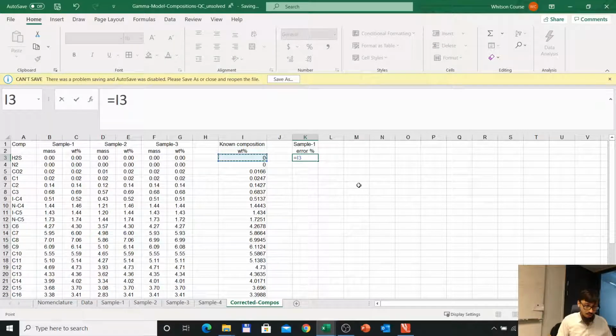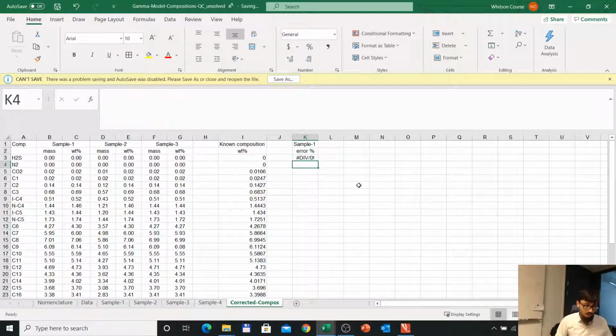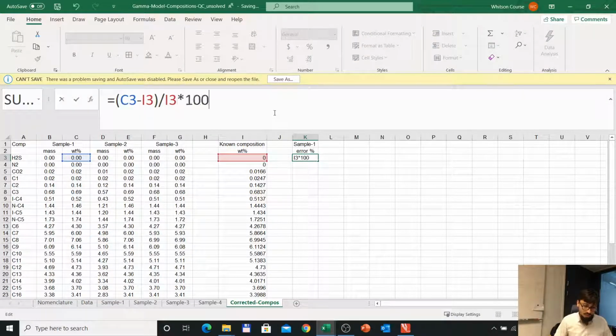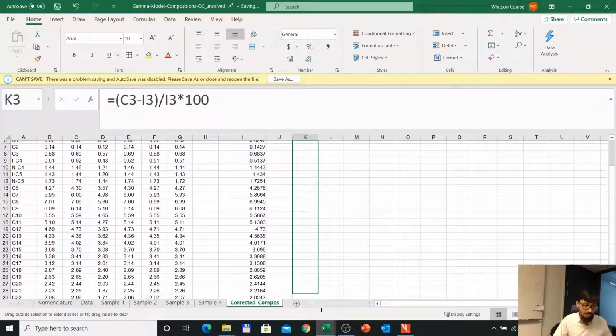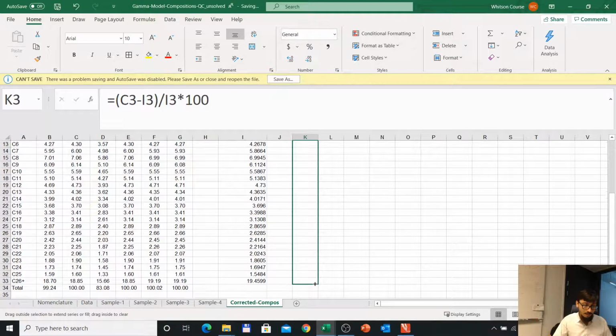The error should be the calculated composition minus the known composition, divided by the known composition, and then we multiply it by 100. We just drag it down for all components.